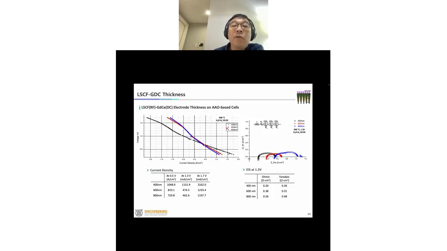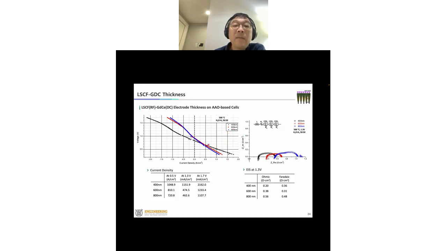If it's too thick, there will be more resistance when the oxygen gases have to pass through a thicker layer, so we expect some performance degradation. And if it's too thin, then the catalyst loading is too small. So we are trying to find a good trade-off point between the thickness.